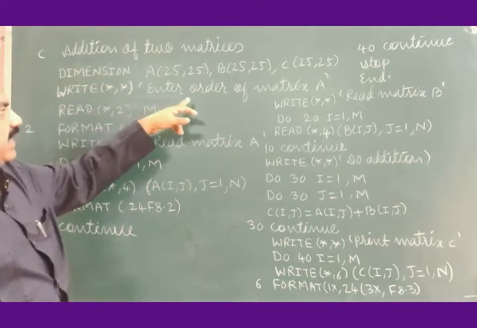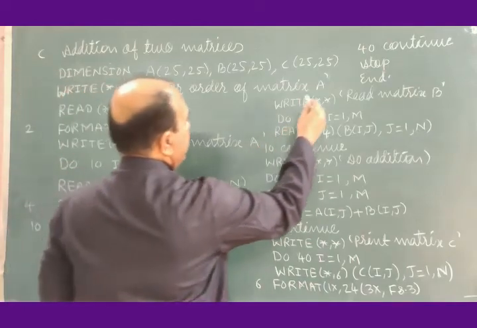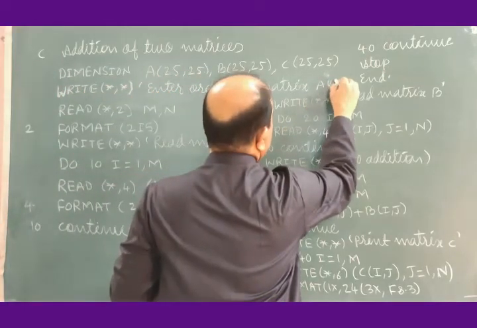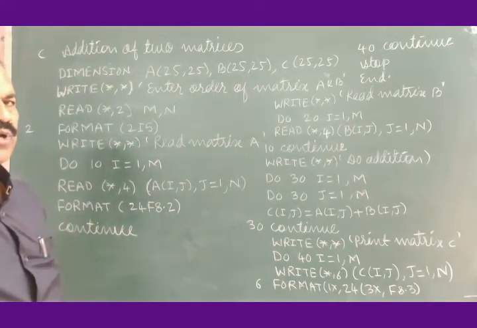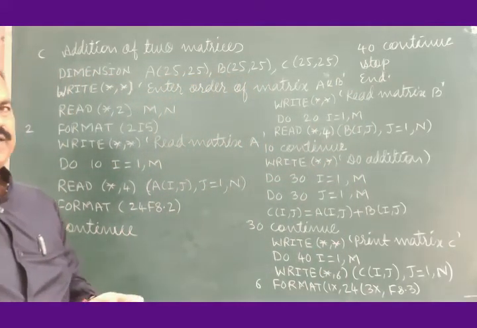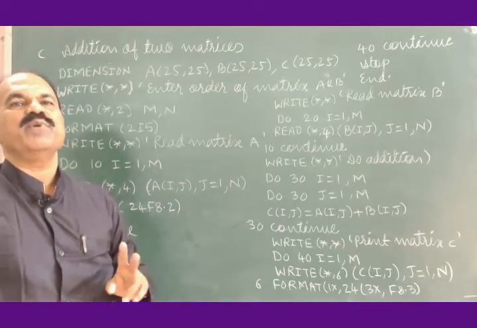Comment: enter order of matrix A. Actually, A and B. We want to keep the order of A and B the same for addition. If the order is not the same, addition of two matrices cannot be performed.